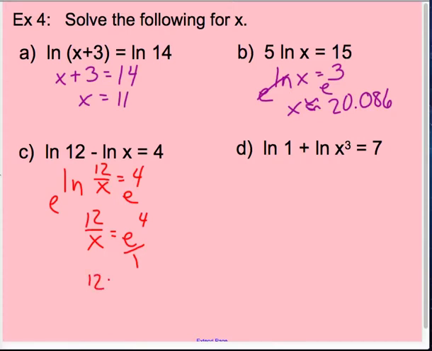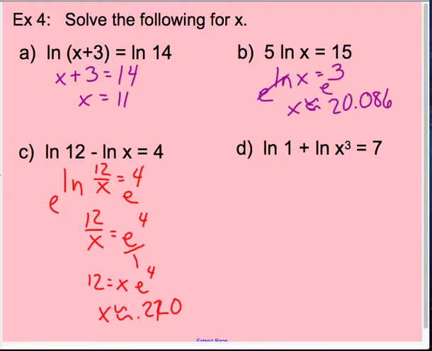So I get 12 equals x times e to the 4th power. So I'll divide both sides by e to the 4th. And x is about 0.220, rounded to 3 decimal places.